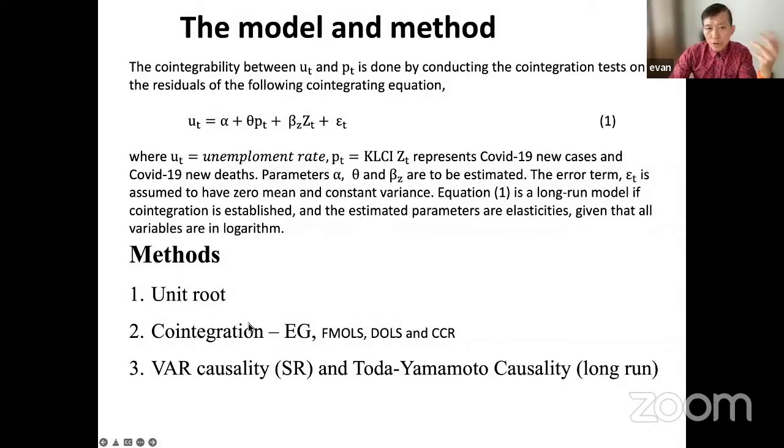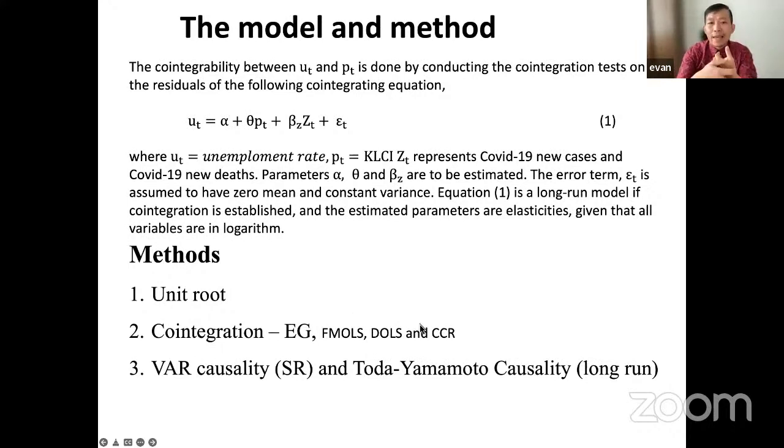So this is the method. For unit root, I think we apply about 4 to 5 unit root tests: the ADF, PP, KPSS, and Ng-Perron, I think, and DF-GLS. We adopted quite a number of unit root methodologies, and for co-integration also we adopted quite a number of tests, including the famous Johansen and Juselius, and the Engle-Granger.